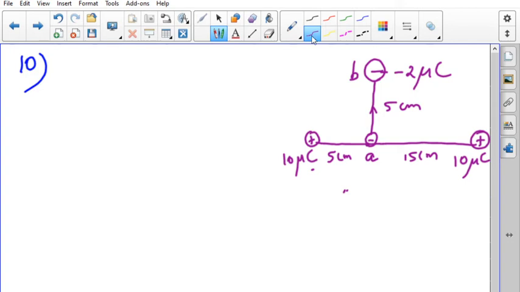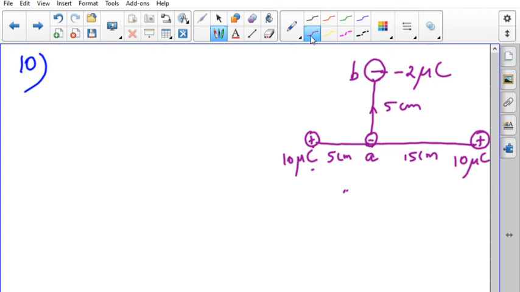Now listen to the problem. A point charge of 10 microcoulomb is placed at a distance of 20 centimeter from another identical point charge of 10 microcoulomb. A point charge of minus 2 microcoulomb is moved from point A to B. Calculate the change in potential energy of the system and interpret your result. So you have to calculate the change in potential energy.